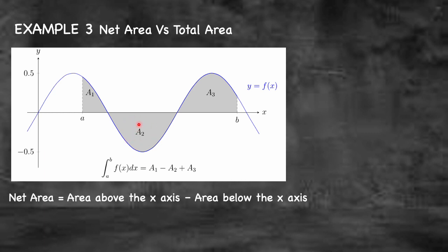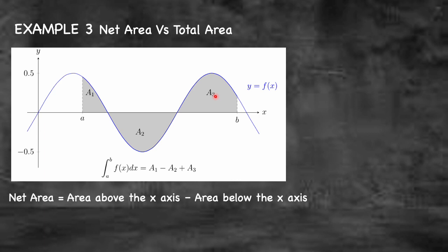When you have an area that drops below the x-axis, that's considered a negative area, and that negative just tells us it falls below the x-axis. Anything that's above the x-axis is considered positive. So if we consider where it is above and below the x-axis and we use the signs appropriately, what we're going to get is the net area.